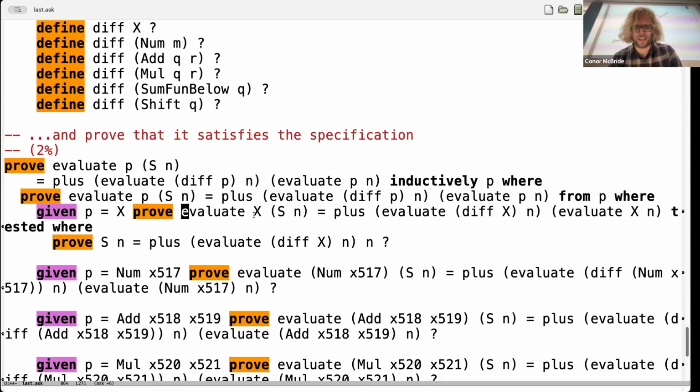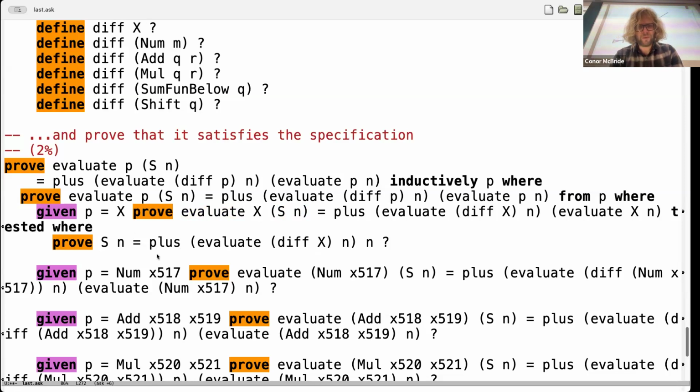So the evaluate here on the left has said that when you evaluate the variable, you plug in the number you have for the variable. So that just became S of n. And when you evaluate x here with the value n, then we just get an n.